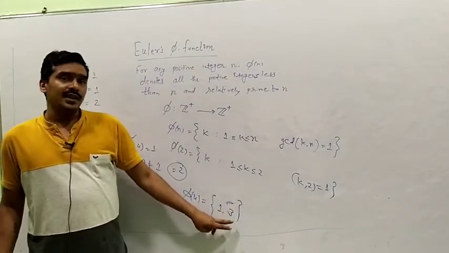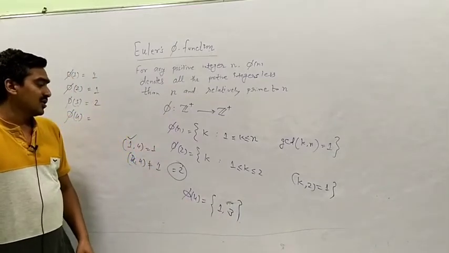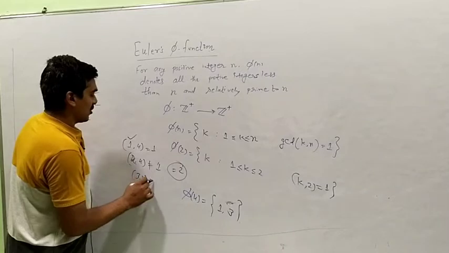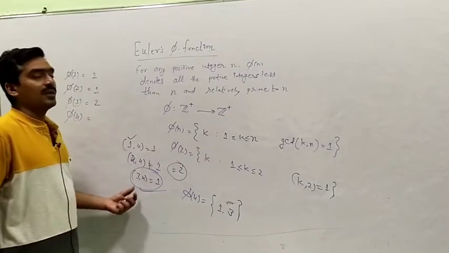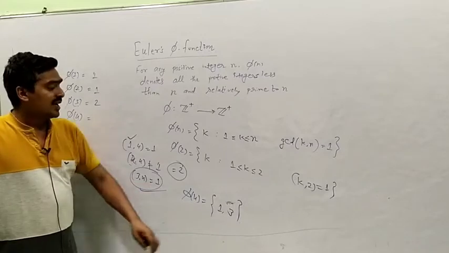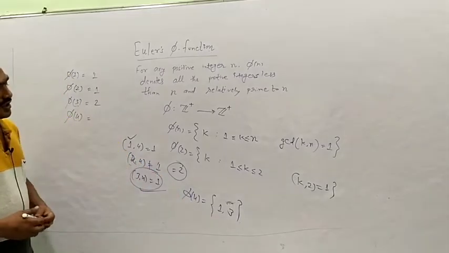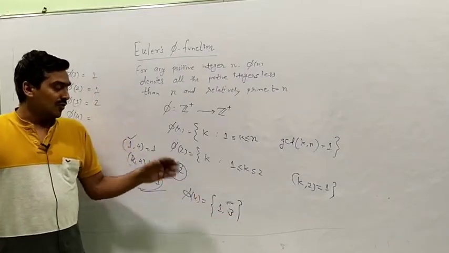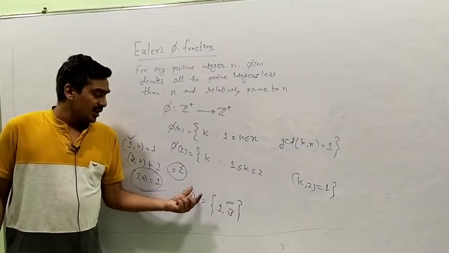Can 3 be put in this set or not? Why? Because the GCD of 3 and 4 should be 1. The GCD of 3 and 4 is 1, so 3 can be put in this set. So how many total integers are less than or equal to 4 and relatively prime to 4?